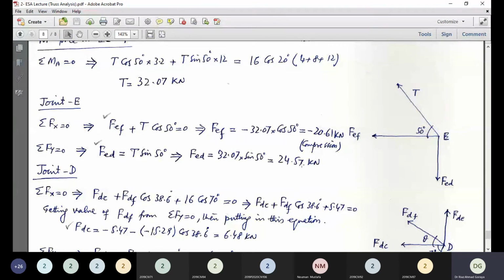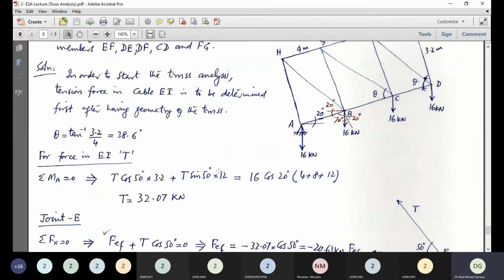Now you have seen that in this particular problem, this joint approach is equally convenient. But in the earlier problems, it was not. So you have to weigh how you have to proceed. And that is only possible when you do a lot of practice of different problems, which I'm going to give you some problems after this lecture.